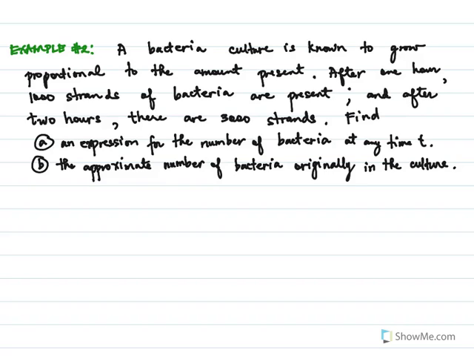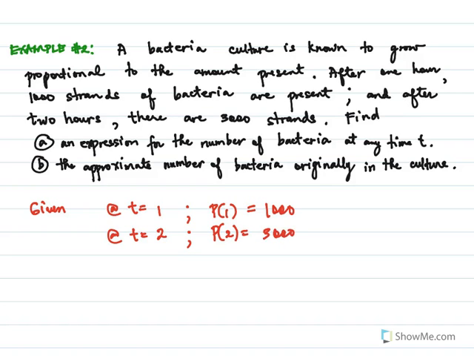So what do we know from our given problem? At time equal to 1, so after 1 hour, P of 1 is 1,000. And then at t equal to 2, so after 2 hours, P of 2 is 3,000. So you want to find an expression for the number of bacteria at any time t.